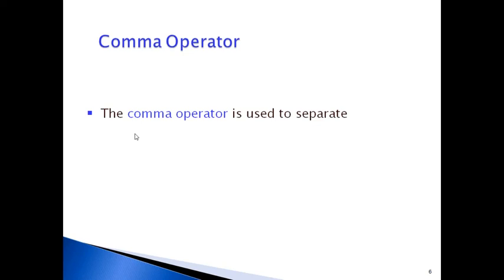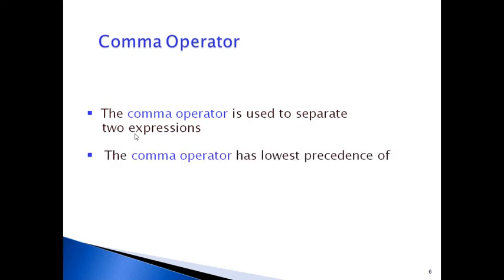The comma operator is also used to separate two expressions. The comma operator has the lowest precedence of all operators. We have the arithmetic operators, relational operators, logical operators, bitwise operators. From those, the comma operator has the lowest precedence of all operators.